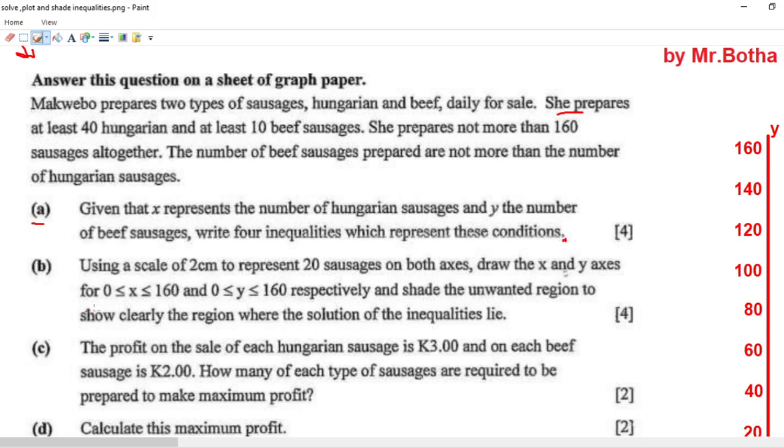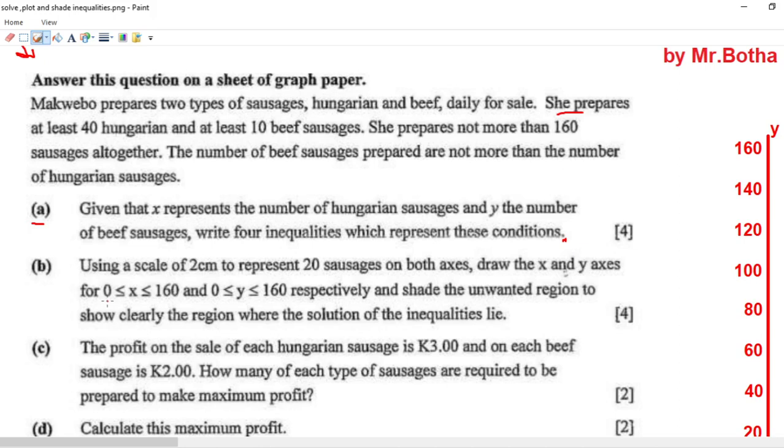Before that, I would urge you to pause the video, look for graph paper, and make sure you follow these scales. On the x-axis, you are going to use 2 centimeters to represent 20 sausages.